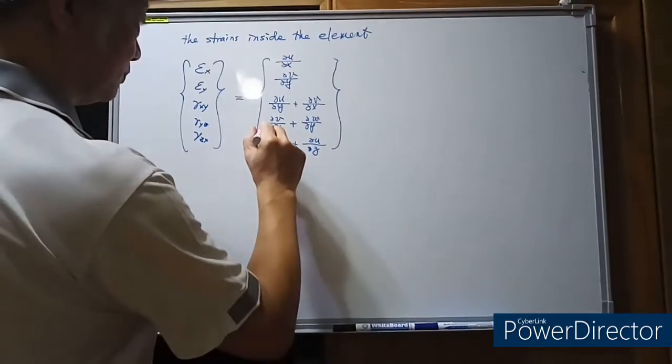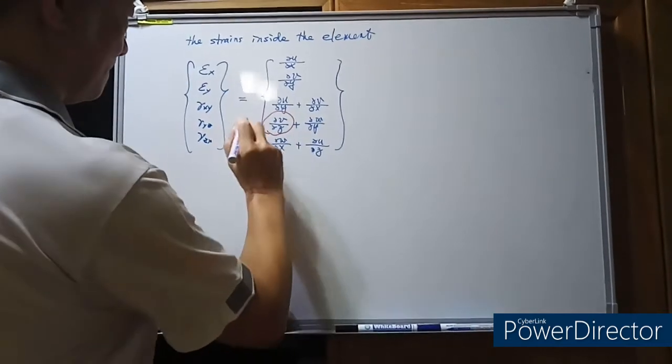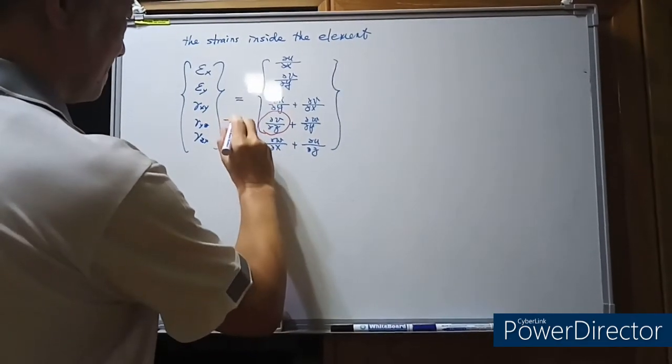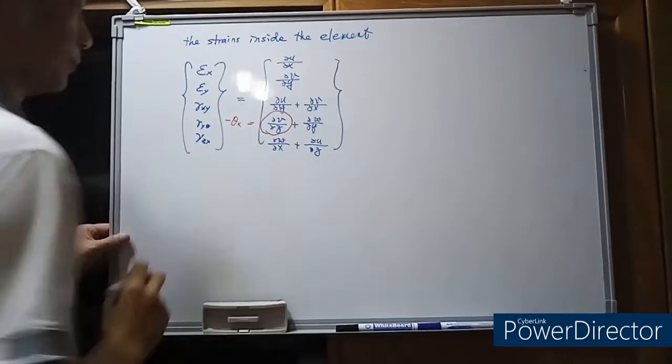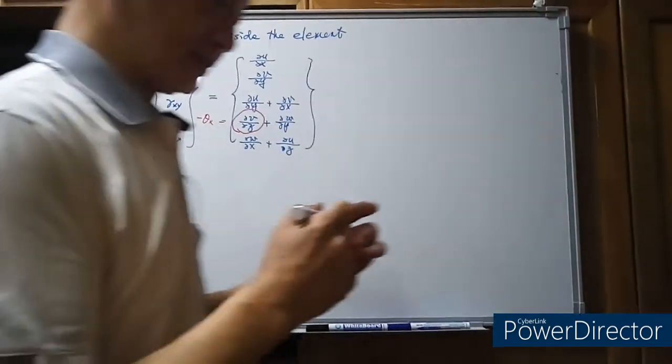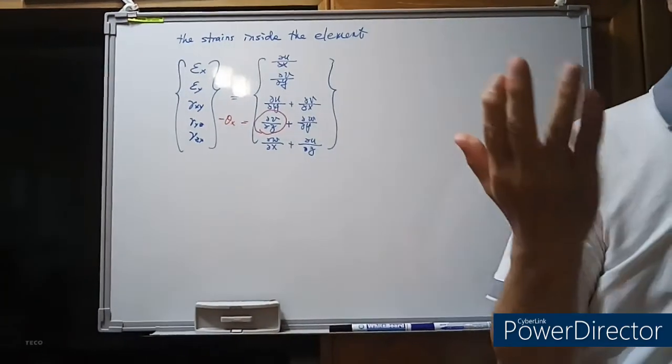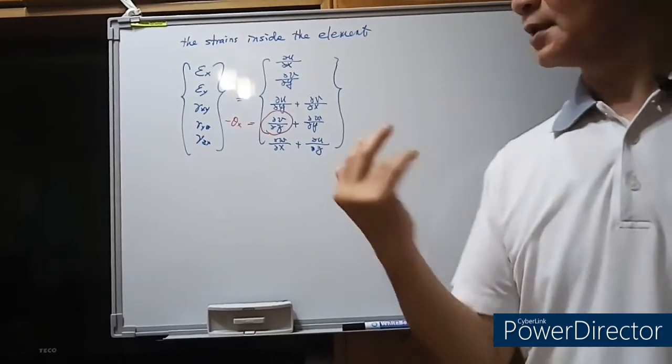This term is the negative theta x, the rotation about the horizontal axis.